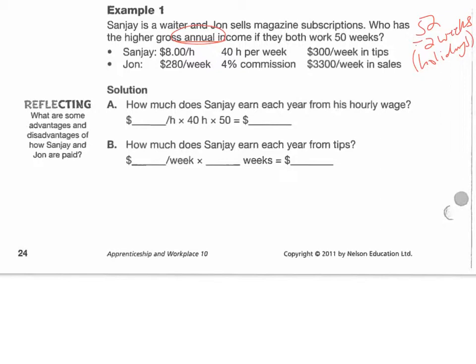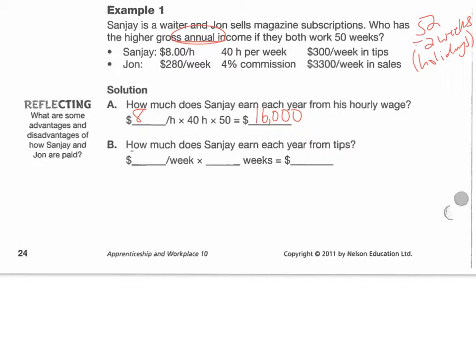So Sanjay is $8 an hour, 40 hours per week, and $300 a week in tips. So Sanjay earns from his hourly wage $8 an hour times 40 hours a week times 50 weeks. He earns $16,000 just from his base salary, and now we need to earn his tips.